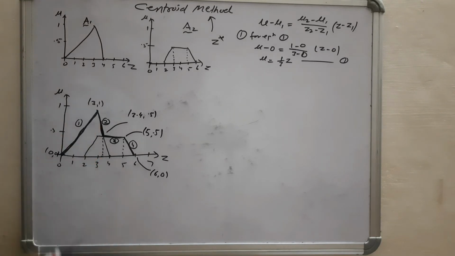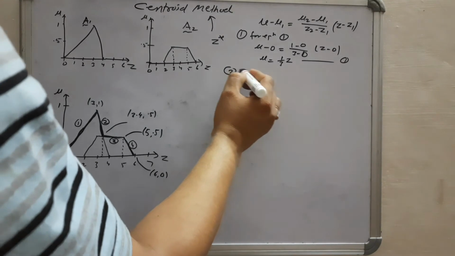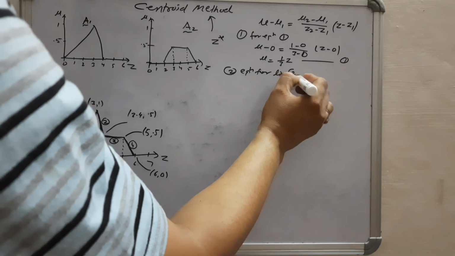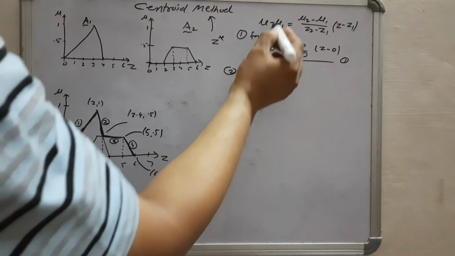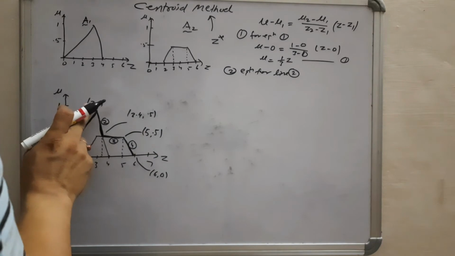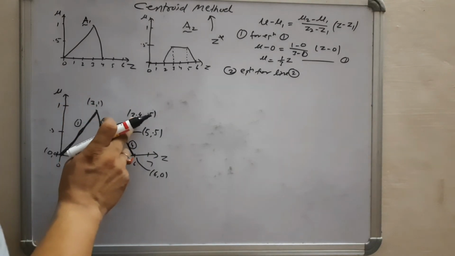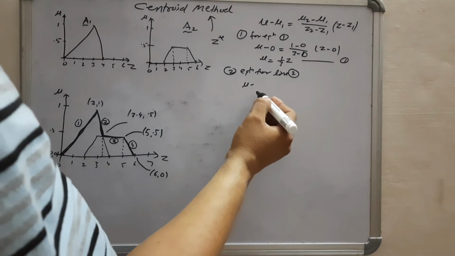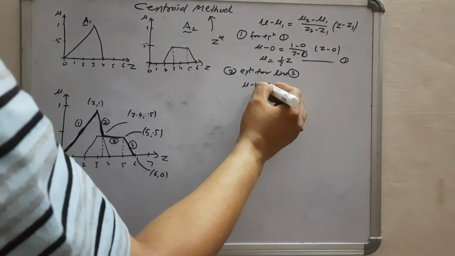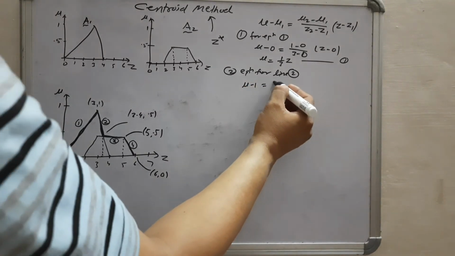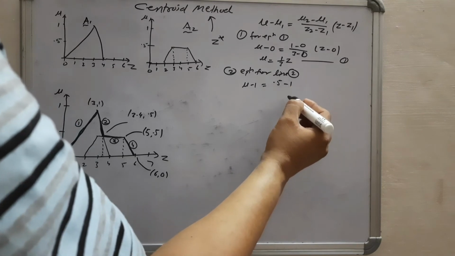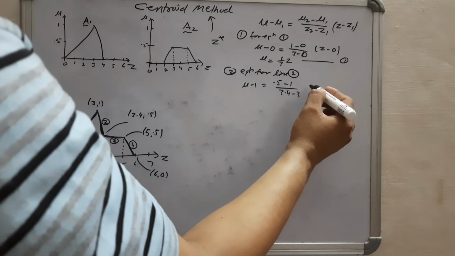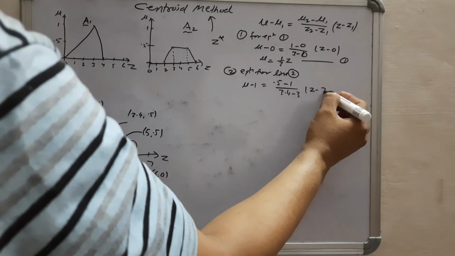So for the second line, the equation for line 2: mu minus mu1, now mu1 is this one, z1, mu1, then z2, mu2. So putting all these values, mu minus mu1, which is 1, equals 0.5 minus 1 upon 3.4 minus 3, then z minus 3.